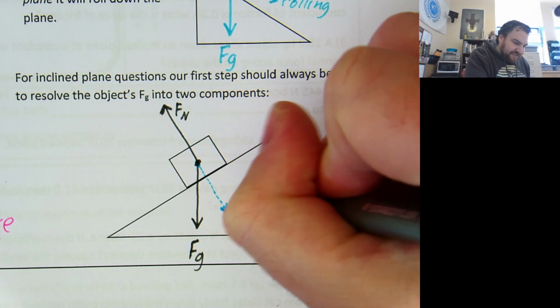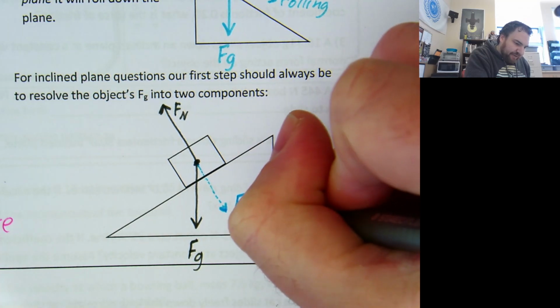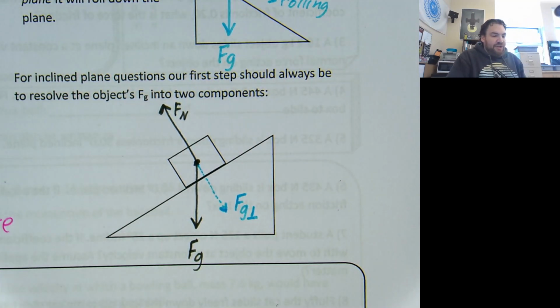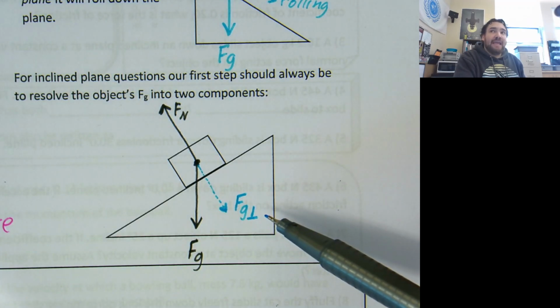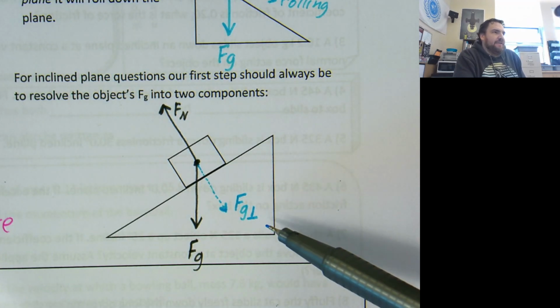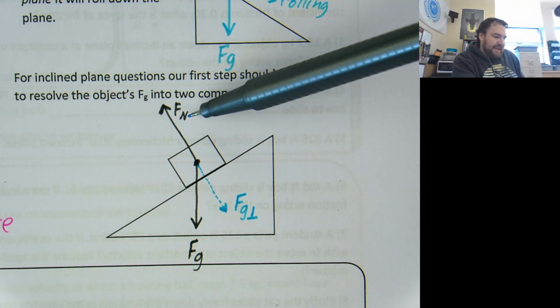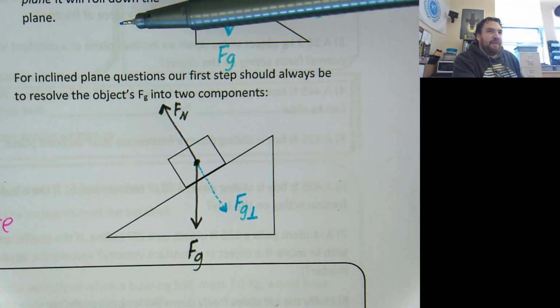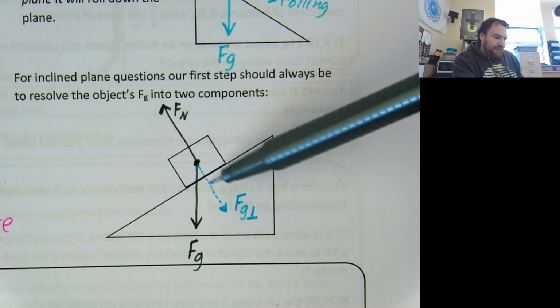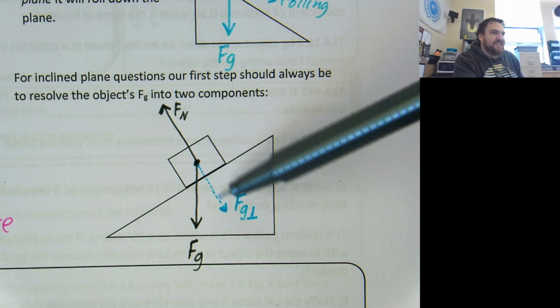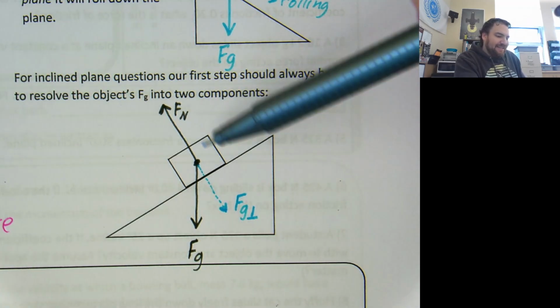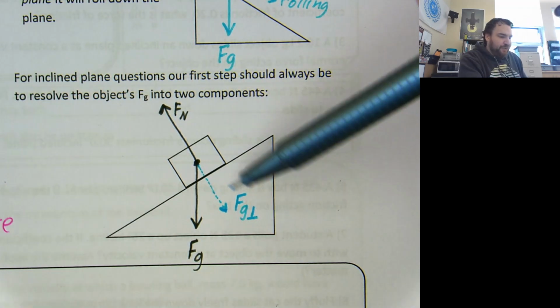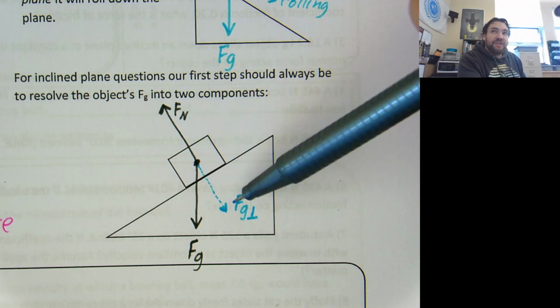I'm going to call this Fg perpendicular, is the notation I'm going to use for this. And we know this has to be there because Fn isn't launching things up into the sky, and gravity's not making the thing suck into the surface, so there has to be a piece of gravity that is equal to all of Fn. These two need to be equal.